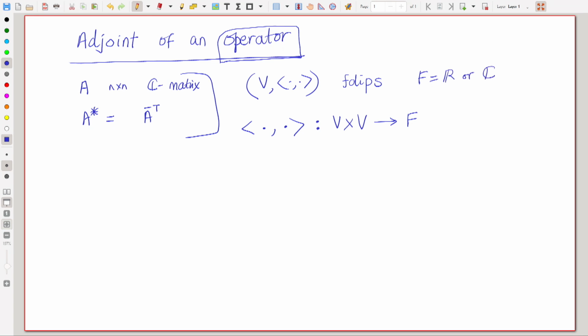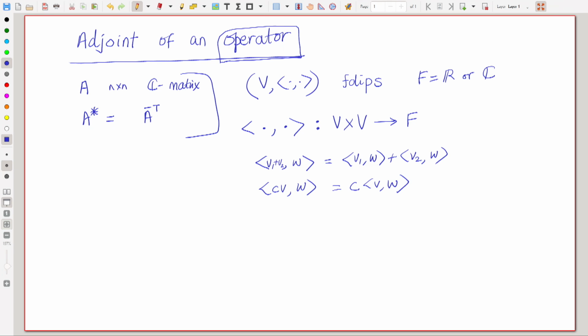In a sense it takes two variables, with the property that if you fix the second variable and let the first variable vary, so if I take V1 plus V2 but fix the second to be W, then it varies linearly. Likewise, if I put constants, they come out.